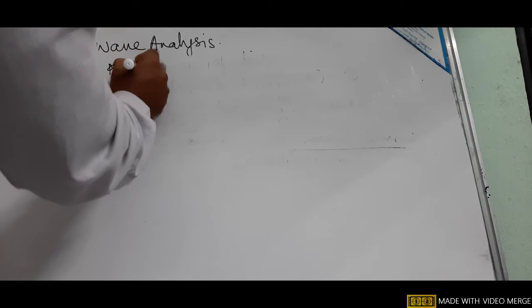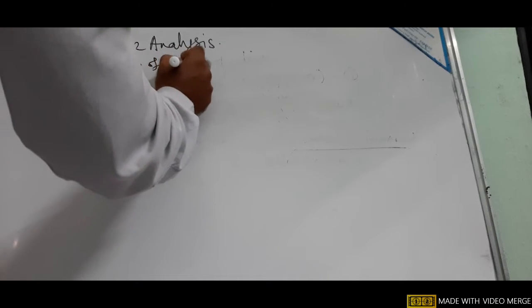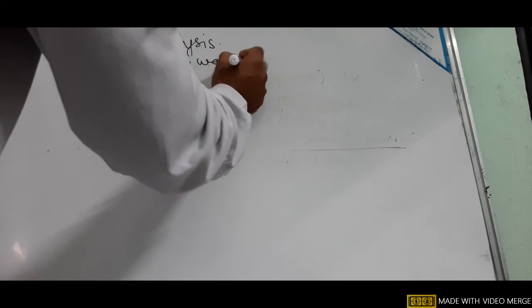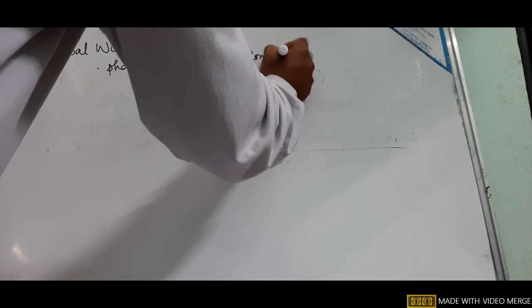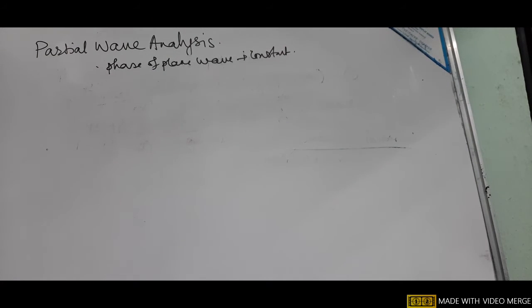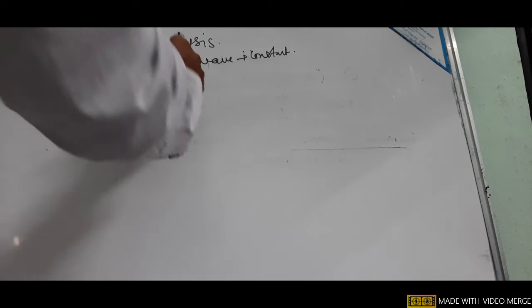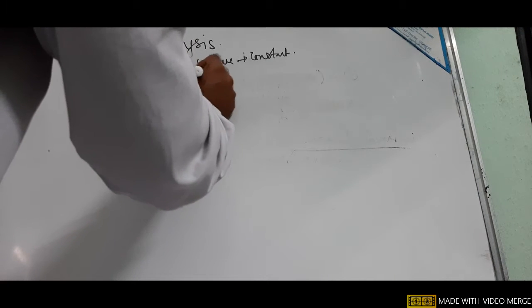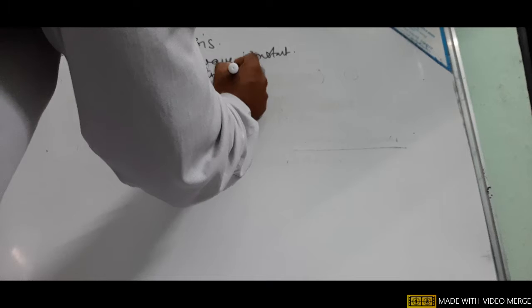So the phase of the plane wave remains constant as r rotates about the vector k.